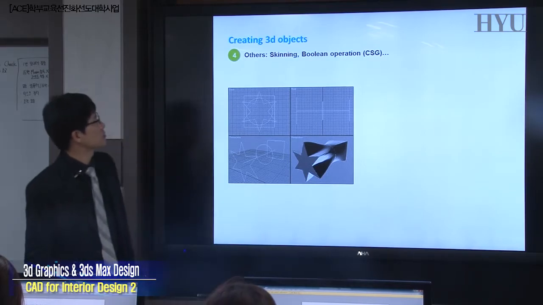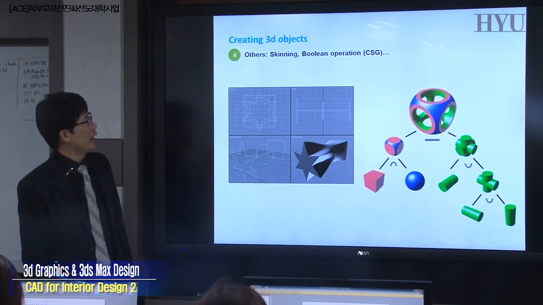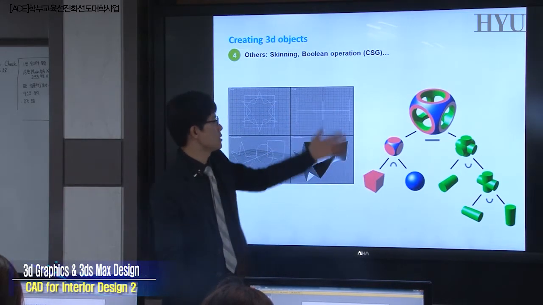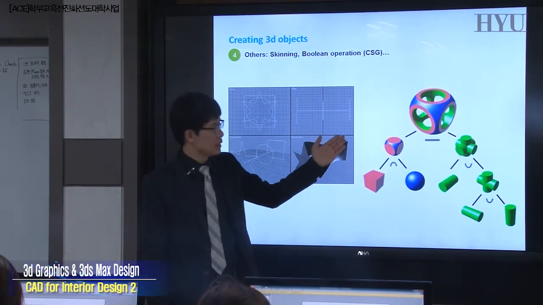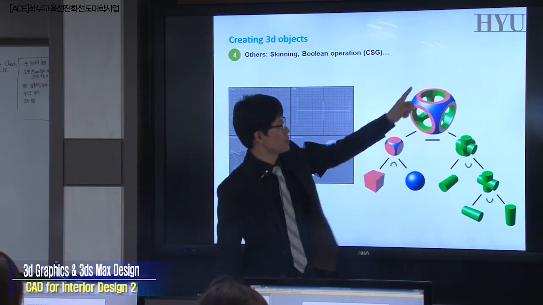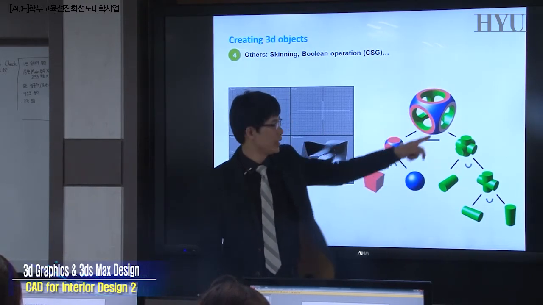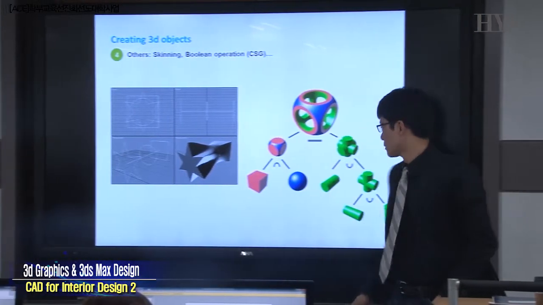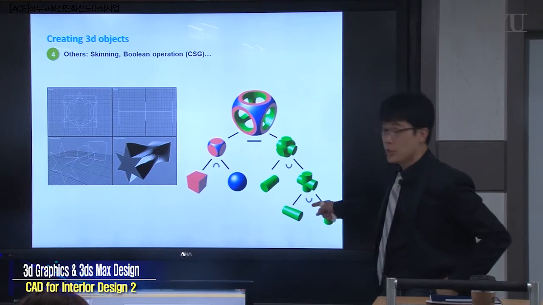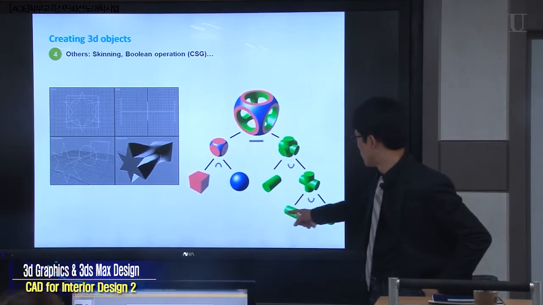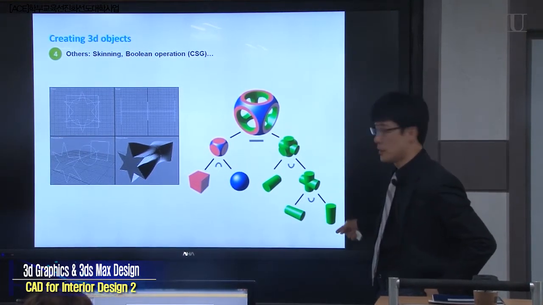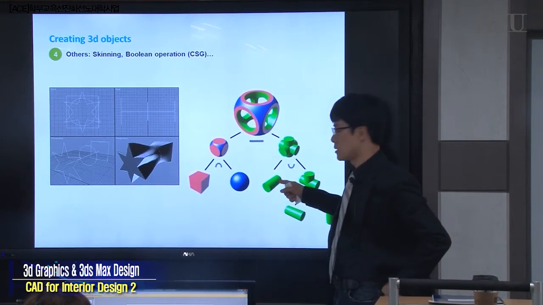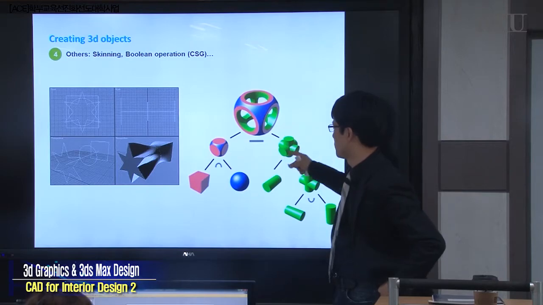That is skinning, and then Boolean operation, constructive solid geometry, CSG, I'm not sure, but simply take a look at this geometry. It looks very complicated, but take a look at the algorithm. Union means plus, so a cylinder plus a vertical cylinder makes this kind of plus shape, and another axis cylinder will generate this shape.